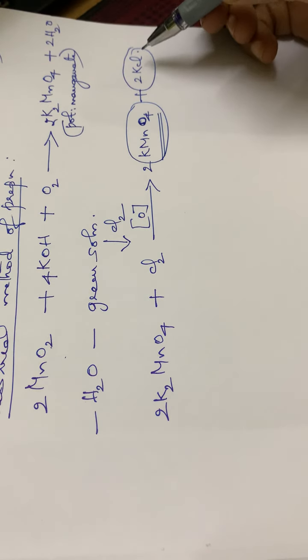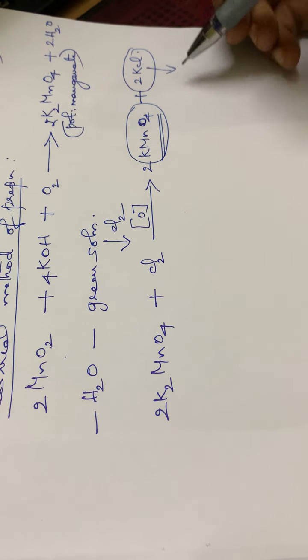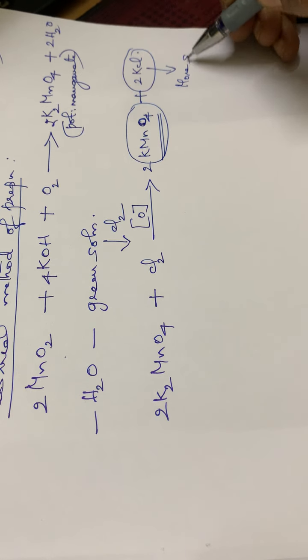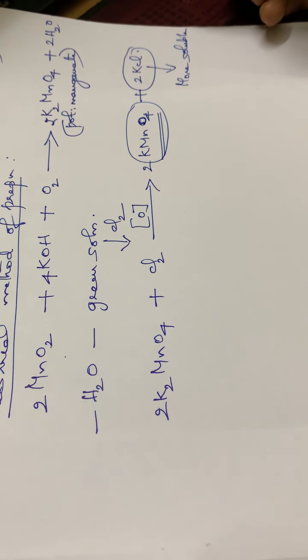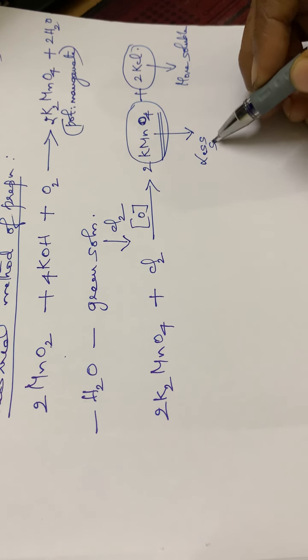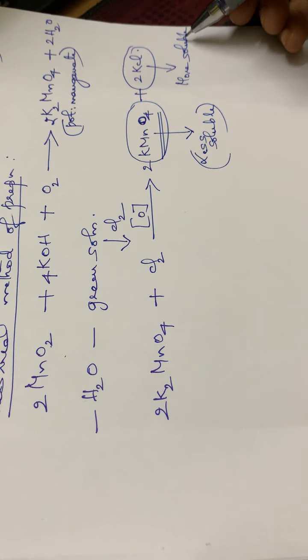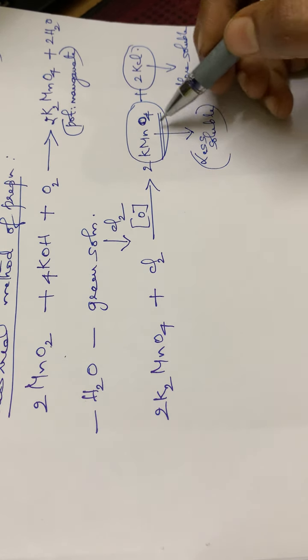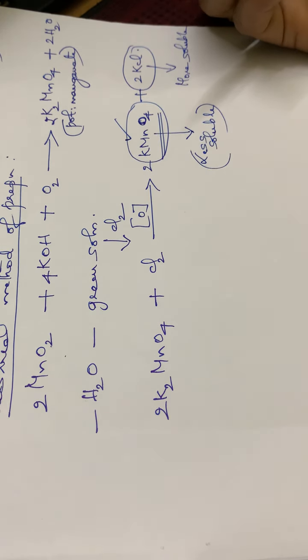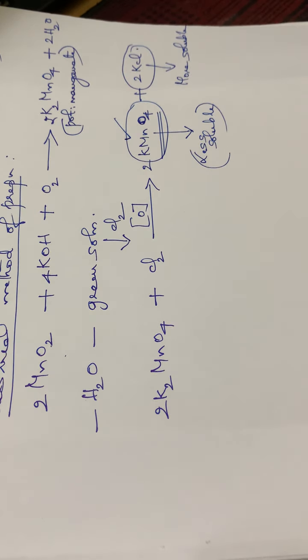Potassium chloride is a soluble salt and remains in solution, while potassium permanganate is less soluble, so we can separate it from the mixture.